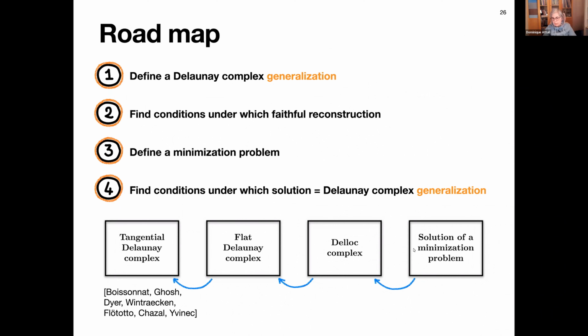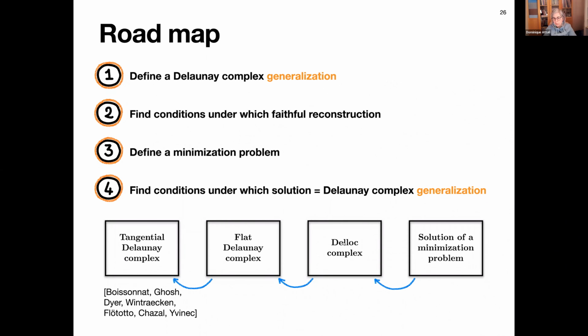When we started the work, we had a clear idea of what the minimization problem would be, what we wanted to minimize. And then we saw that there was a property that was key. We called the solution that we had the log complex.